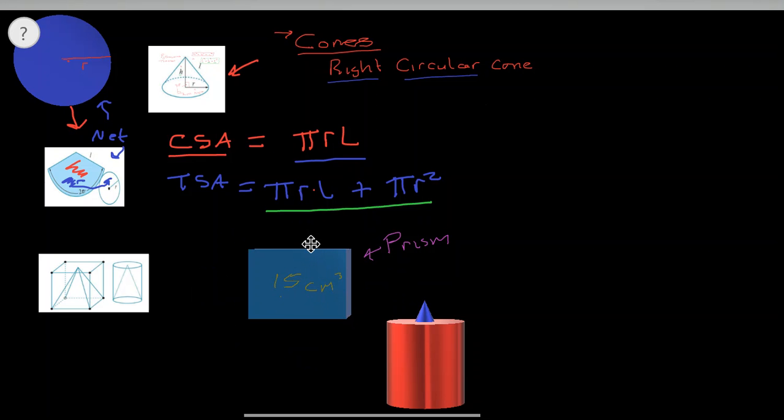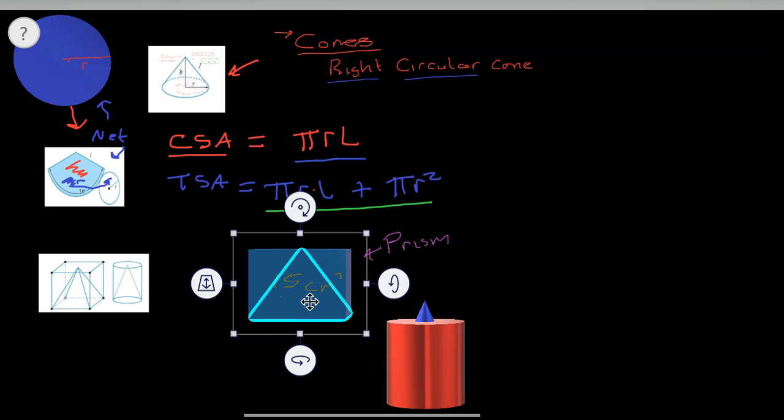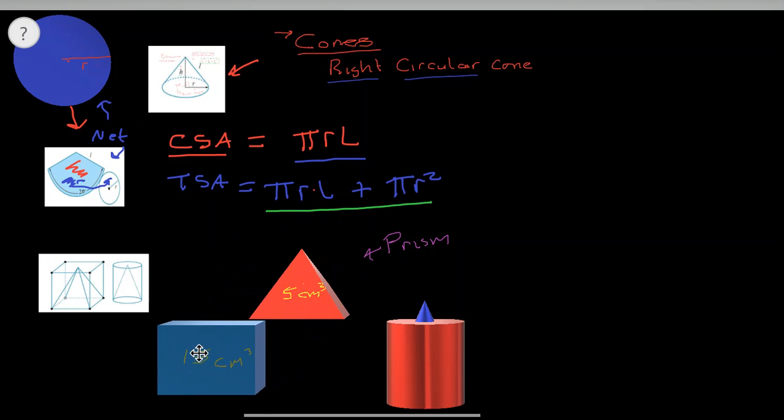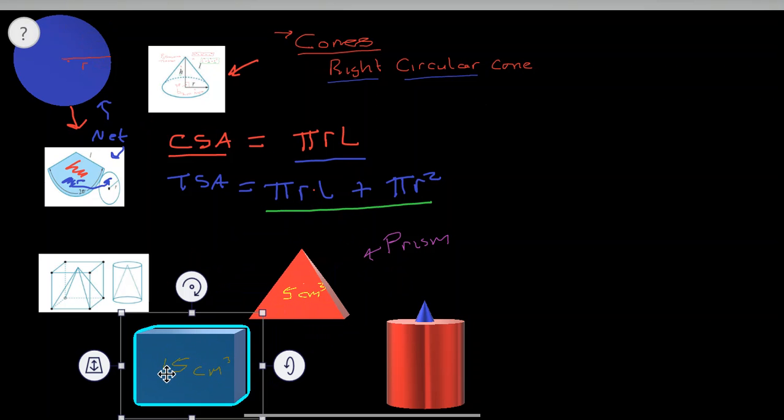What he found was that the volume of the pyramid was going to be 1/3 the volume of the prism or the cube. So if the volume of this here is 15 cubic centimeters and this pyramid fits inside it perfectly, then the volume of the pyramid is going to be 5 cubic centimeters, which is 1/3 of 15. So this was a principle or an observation that Archimedes made.